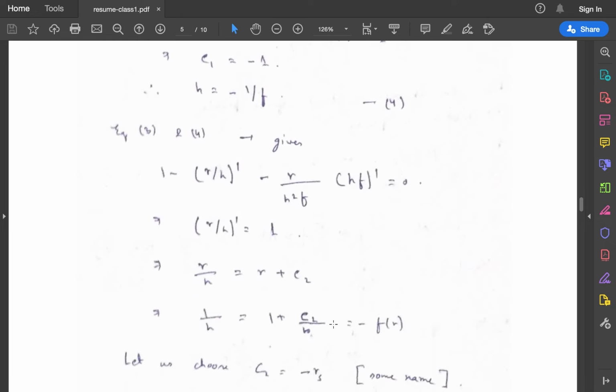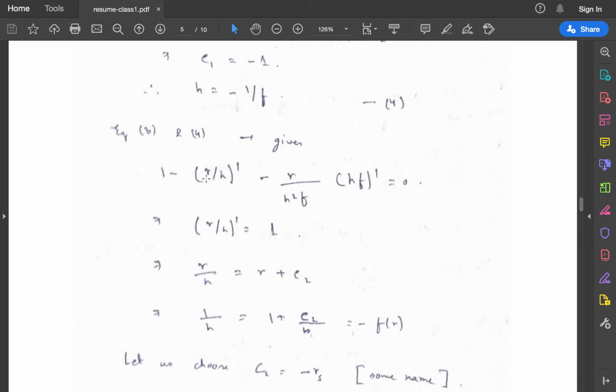Now let us combine equations 3 and 4, and this will give a single equation: 1 minus (r/h)' minus (r/h²f)(hf)' equal to 0, which can be easily solved because hf, we know, is a constant, so that term will go to 0.